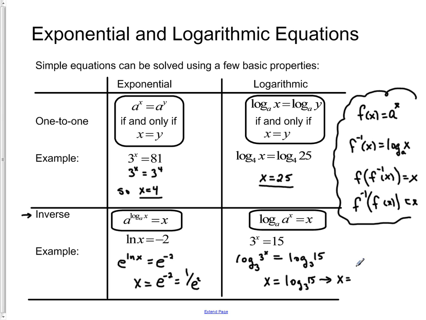If I use the change of base theorem, let's say with base e, the natural log of 15 divided by the natural log of 3 would be exactly the same as the logarithm base 3 of 15. And so this might be the exact value answer I'd want to leave. Okay, more examples to come.